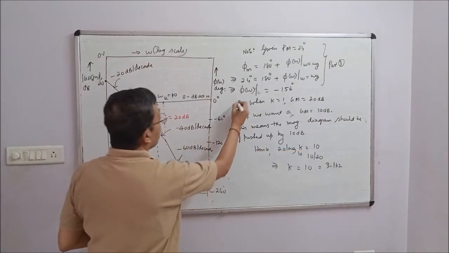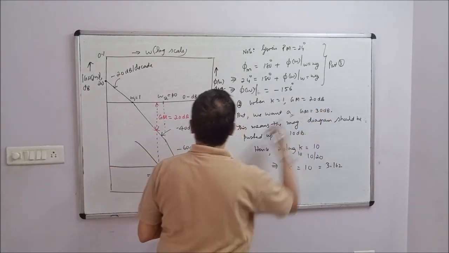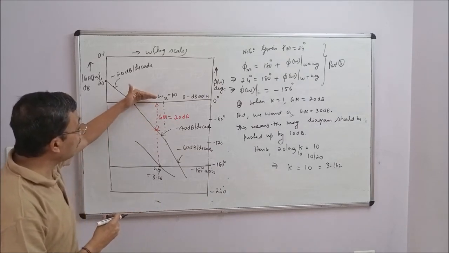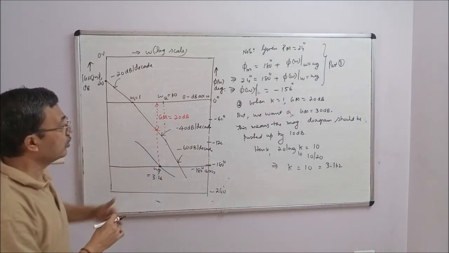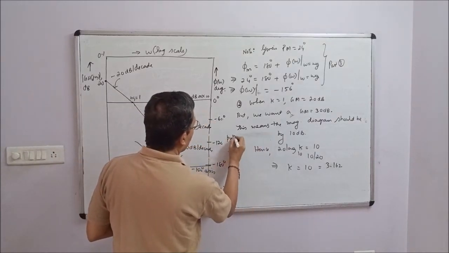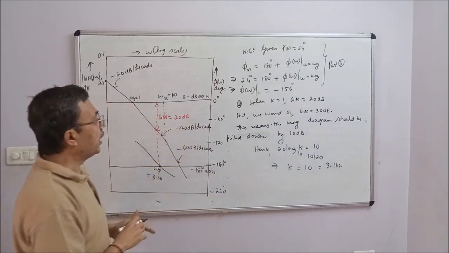Next part. We want a gain margin equal to 30 dB. This is 20 dB. We want this to be 30 dB. Therefore, the magnitude diagram should be pulled down by 10 dB.